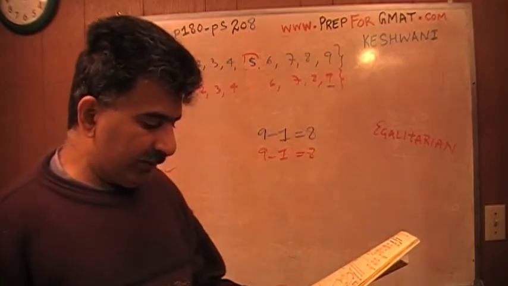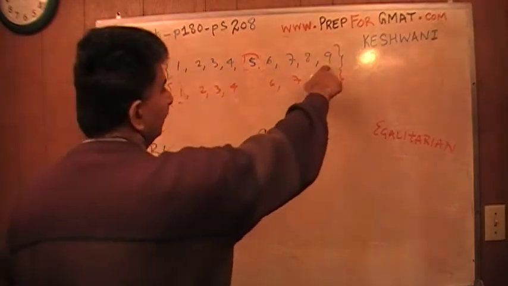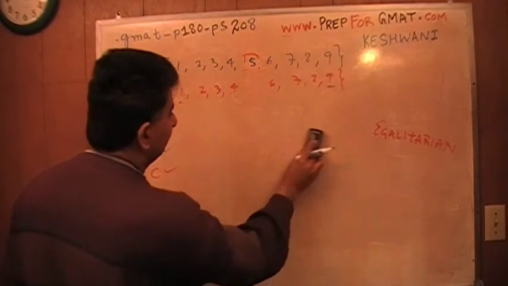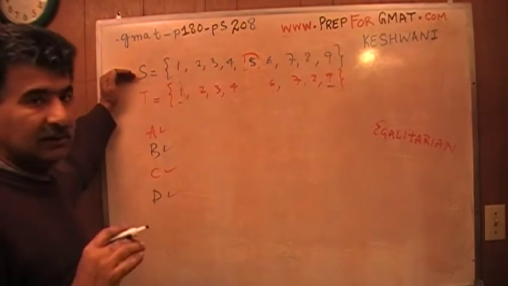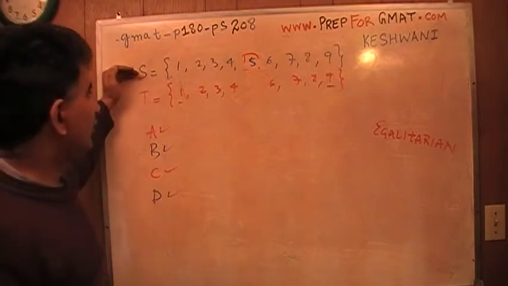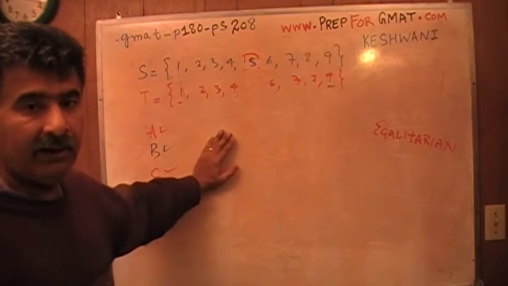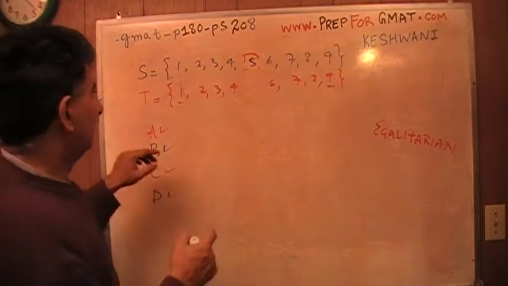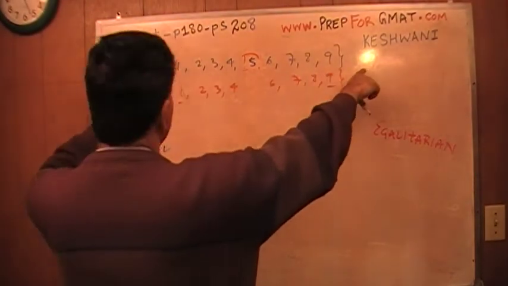The range of S is less than the range of T. Well, S has 9 numbers. The worst case scenario is where the range of S is equal to the range of T, as I showed you here. Anything other than that, the range of S cannot be less than the range of T, because the range is the highest number minus the lowest number. If this were the highest number, the range would be even higher.